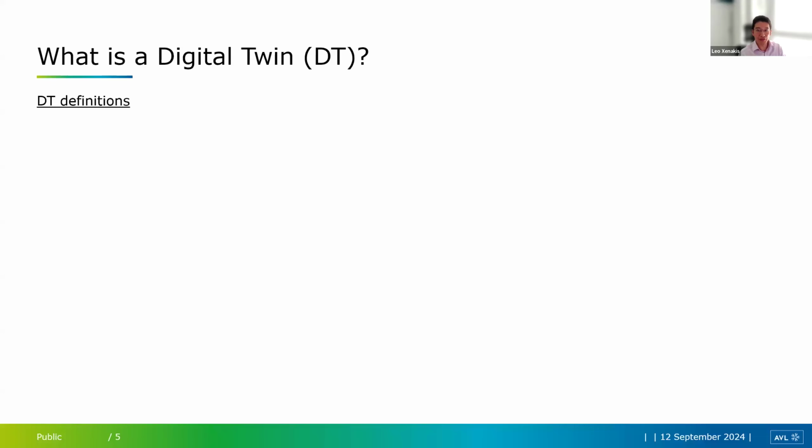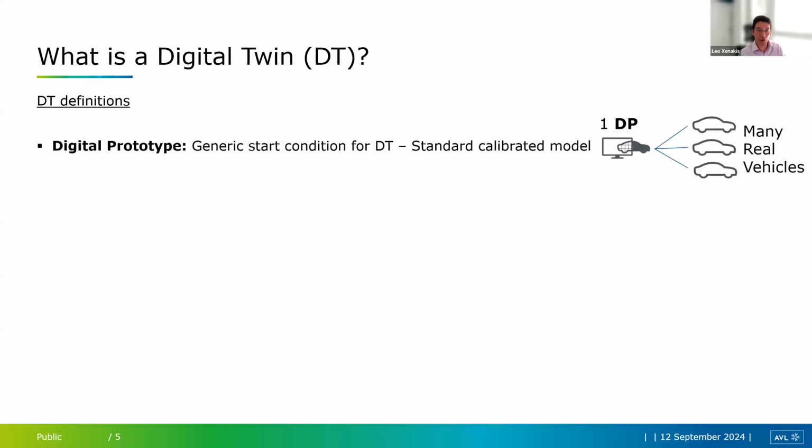So a quick recap. If this is your first time, then these are really some of the definitions we've got to get out of the way. A digital prototype is what you would probably consider the standard models that you would use at the moment. It's like a start condition for digital twins.